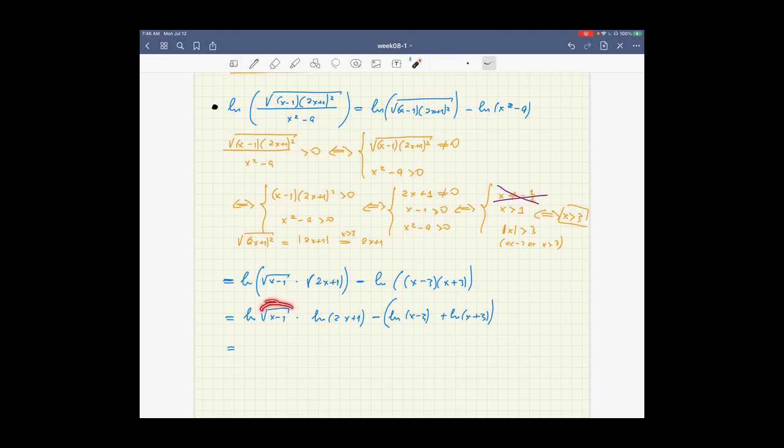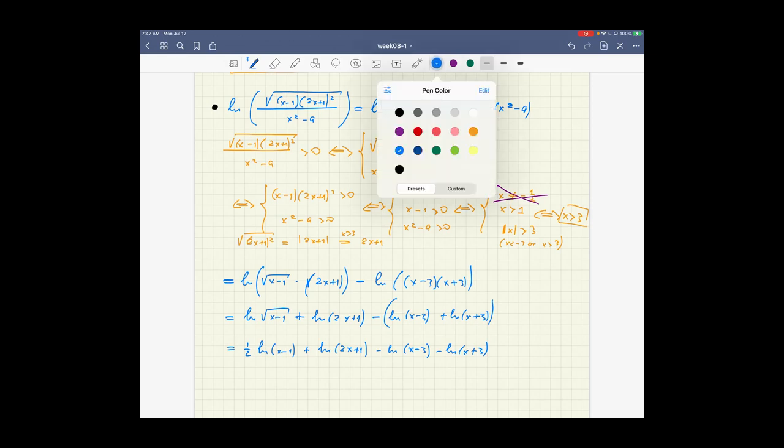Here in the first term, the exponent can come down. I can write 1/2 ln of x minus 1. This here should be a plus. Plus ln 2x plus 1 minus ln x minus 3 minus ln x plus 3. And that is for every x that is greater than 3.